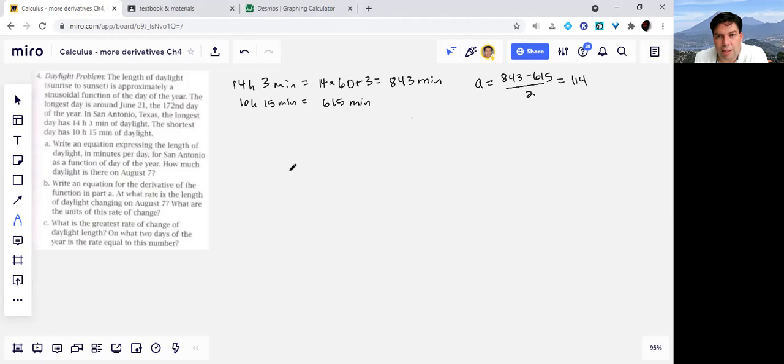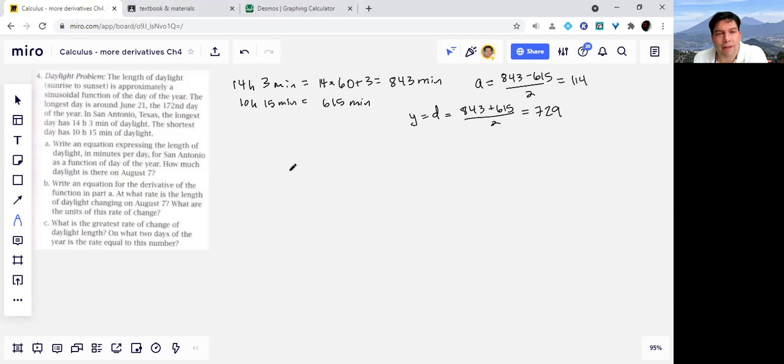The midline, y equals some value of D. The value of D is the average of the maximum and the minimum, divided by 2. And that is 729. I just did it before in my calculator. Now, notice this, 729 is not exactly 12 hours. It's actually 9 minutes more than 12 hours. It just happens like that in San Antonio, Texas.